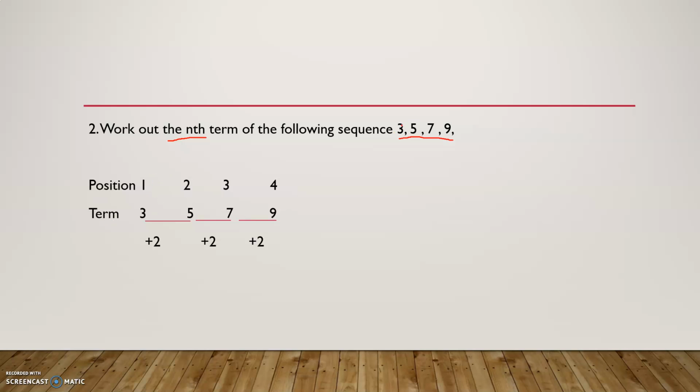So we have 1, 2, 3, 4 positions altogether. Here are all the positions, and here are all the terms. Position number 1 is term 3, position number 2 is 5, position number 3 is 7, and position number 4 is 9.